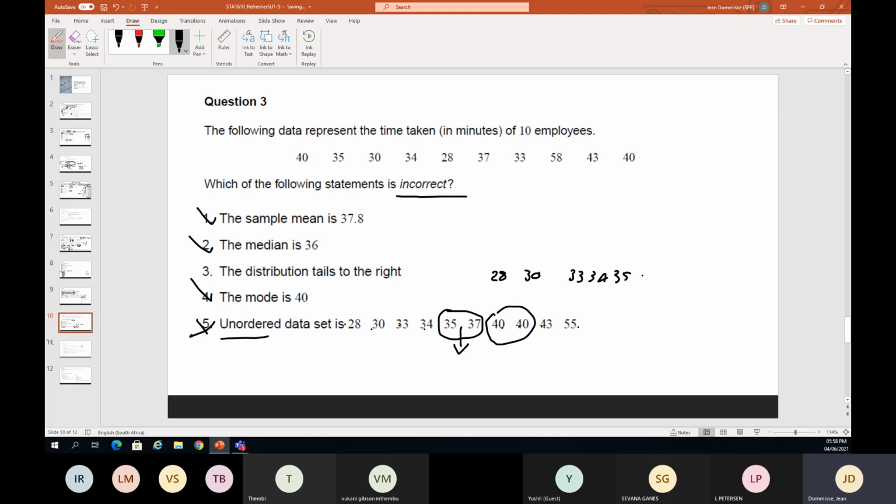There's a 35, there's a gap, then it's 37, then there's a few gaps, 40, 40, a 43, and a 45. And if you look at that, it's going to look something like that. So tails to the right, it's probably tailing to the left.